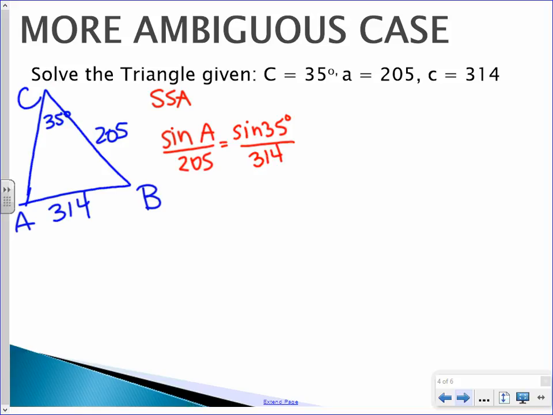Remember, when you have sine of an angle, in order to be able to solve for that angle, you're going to have to do the inverse sine to get that angle measurement. So multiply that 205 over, and then with that number, take the inverse sine. Remember, a number less than 1 probably doesn't make sense.